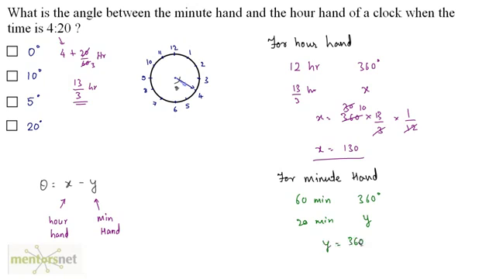So y is equal to 360 by 60 times 20, right? So this cancels out. 6 times 6 is 36 and 20 times 6 is 120. So y is 120. So theta is equal to 130 minus 120, and that's 10 degrees. Right, so option B is the correct answer.